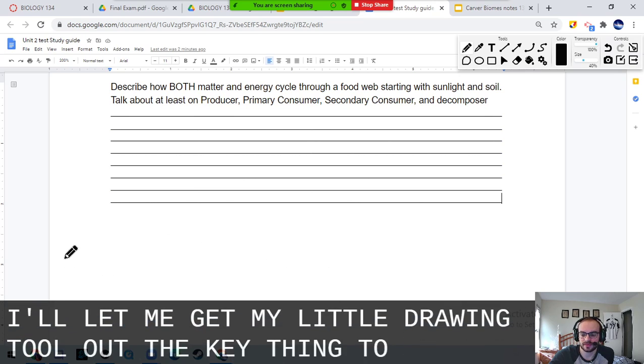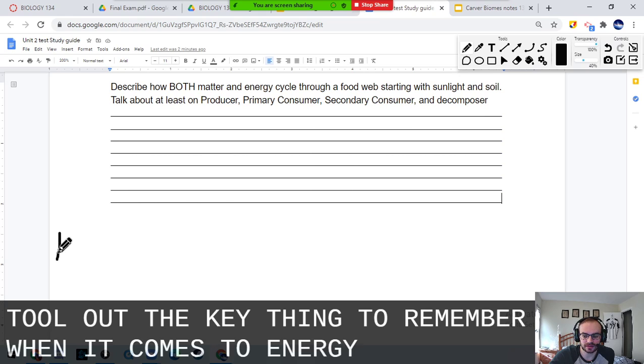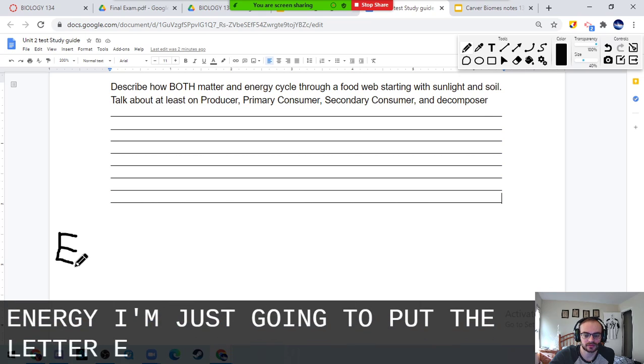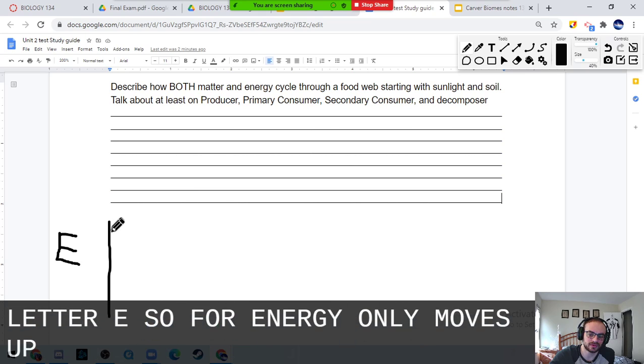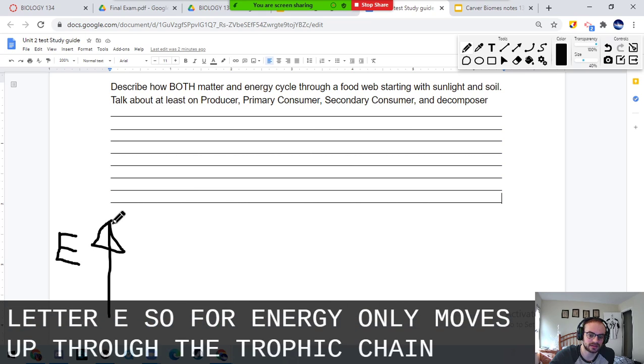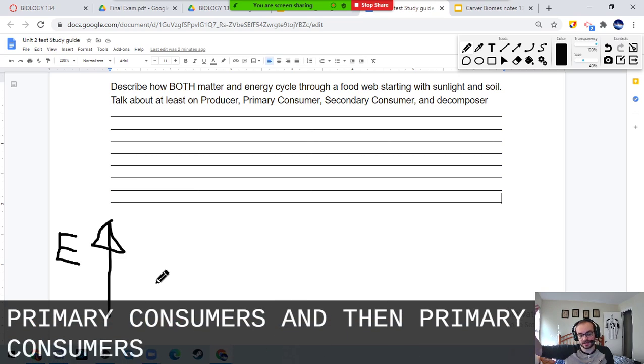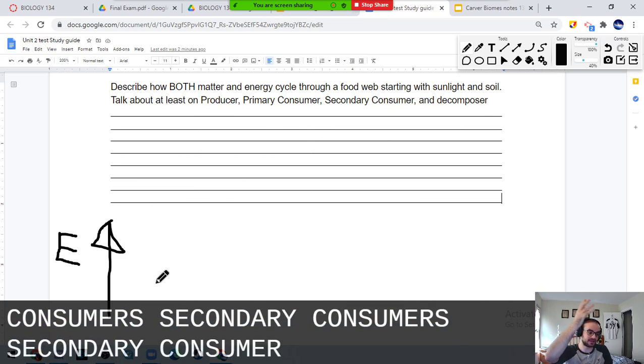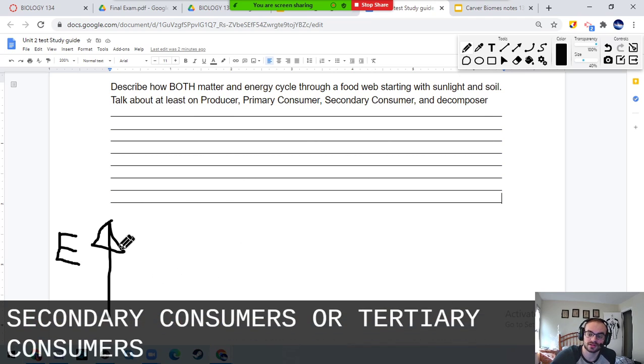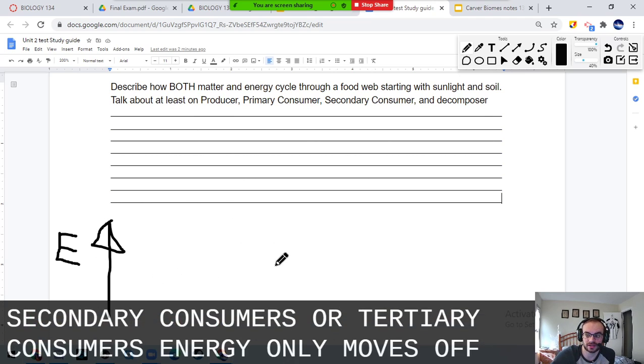The key thing to remember when it comes to energy, and for energy I'm just going to put the letter E, is that energy only moves up through the trophic chain. It only goes from producers to primary consumers, then secondary consumers to tertiary consumers. So energy only moves up through the trophic chain.